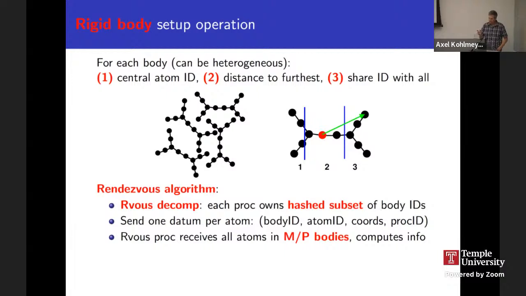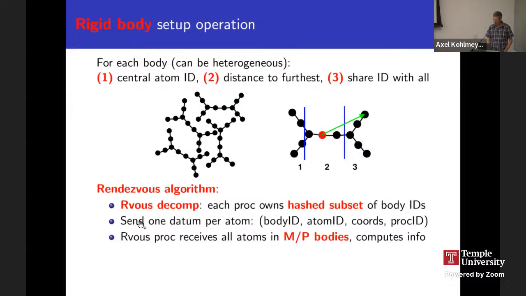Hashed means we take an ID, which might be a 64-bit integer, and we randomly turn it into a number from 1 to the number of processors. Good hashing means that's done completely randomly. What that gives us is that if we know a body ID, we know which processor owns that ID. That's the rendezvous decomposition.